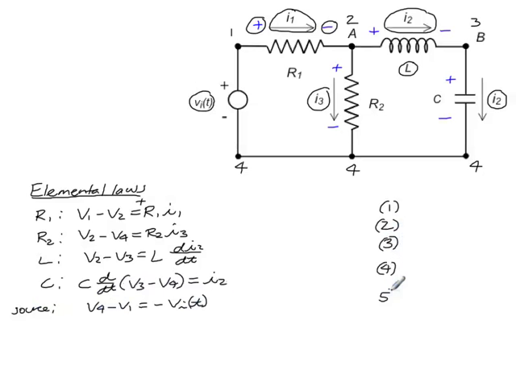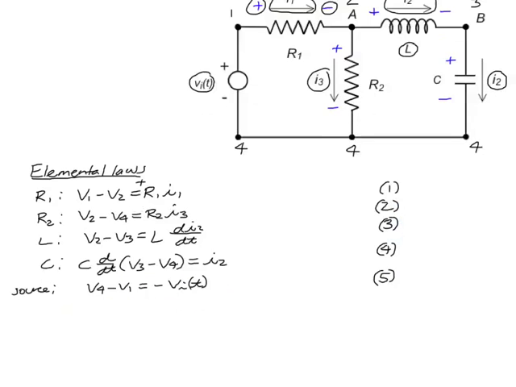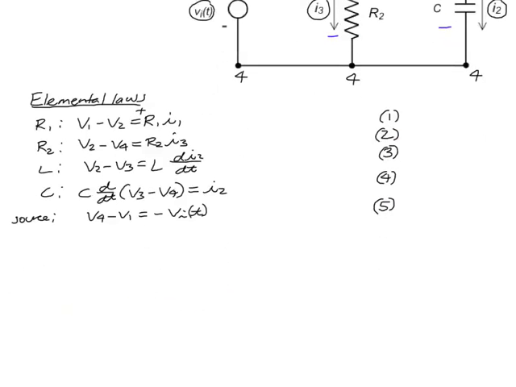Very important to name your equations because it helps you keep straight in your mind what equations you're dealing with, and then if someone such as myself has to grade your work, it's a lot easier to follow what you are doing. So let's write down the current law first, the current node law. I'm going to apply that for node 2.